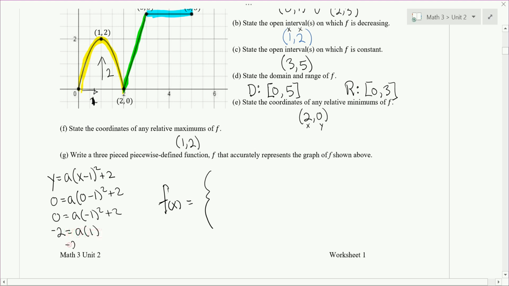And we end up with negative 2 as a. So negative 2(x minus 1) squared plus 2 for x between 0 and 2.